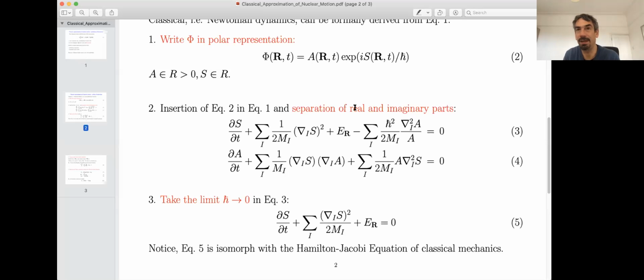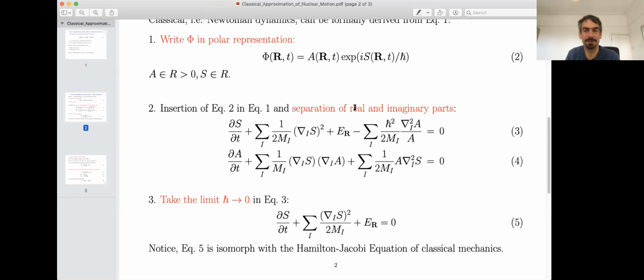And therefore also the classical equations of motion are not true and correct, but an approximation. But in certain limits, this classical motion is pretty good. It's good at very high temperatures and at large nuclear masses. Then the fact that you take H bar to 0 doesn't matter that much.